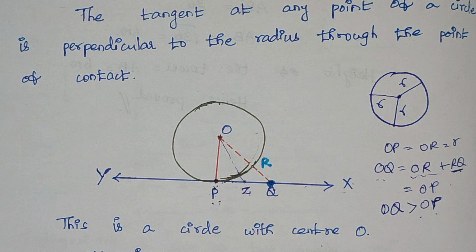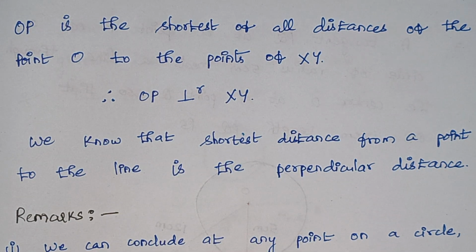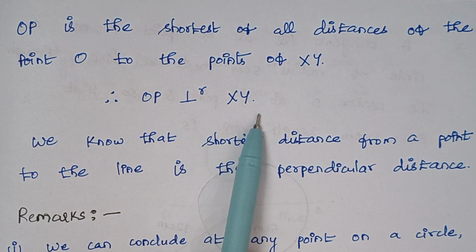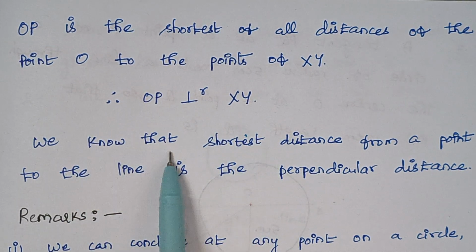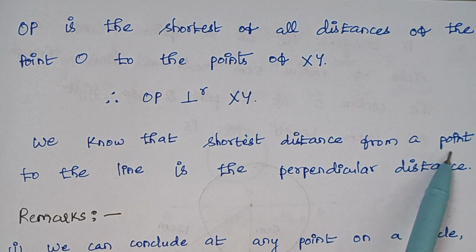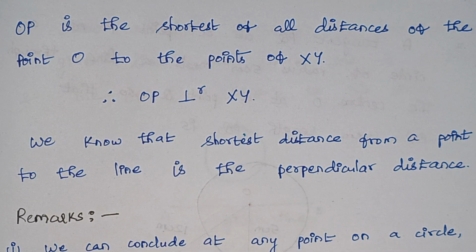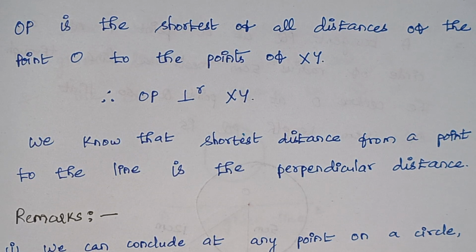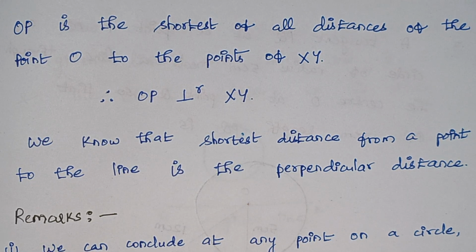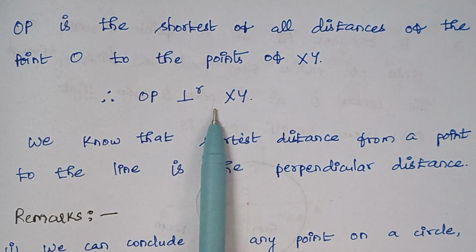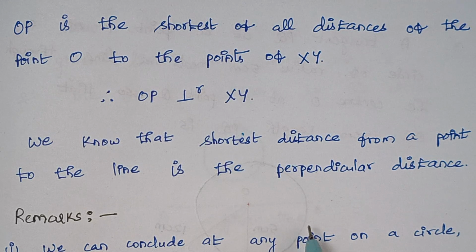So OP is the shortest of all distances from the point O to the points of XY. So OP is perpendicular to XY. We know that the shortest distance from a point to a line is the perpendicular distance. The shortest distance is always said to be the perpendicular distance to the line. So finally, we can conclude that OP is perpendicular to XY.